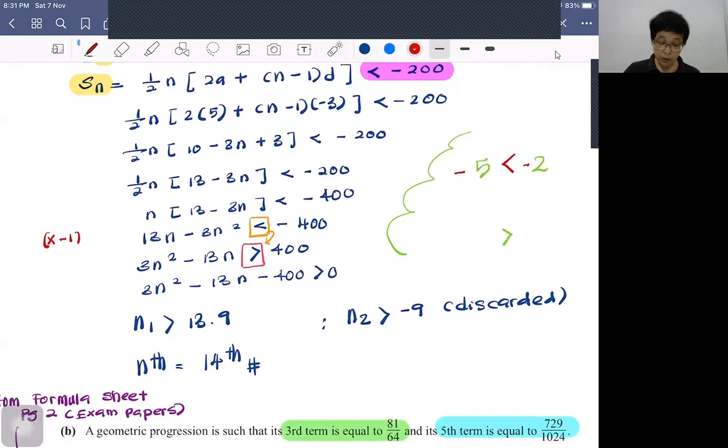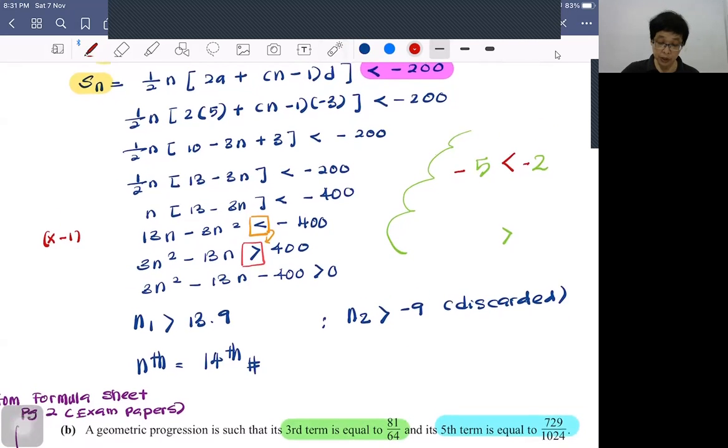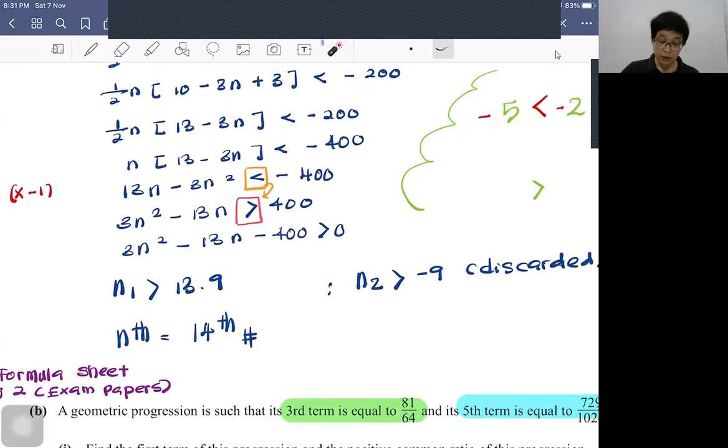Now let's proceed with the rearrangement. You have your 3n squared as positive, 3n squared minus 3n, now bigger than 400. Then you have a quadratic.